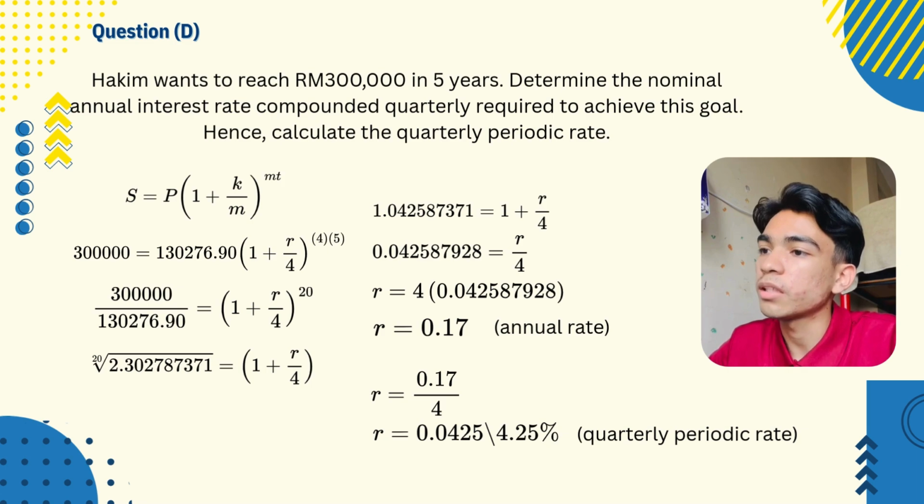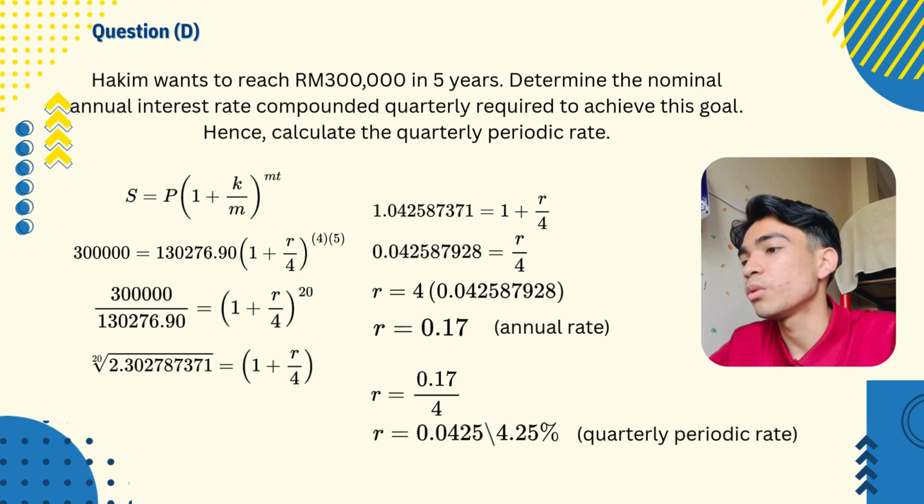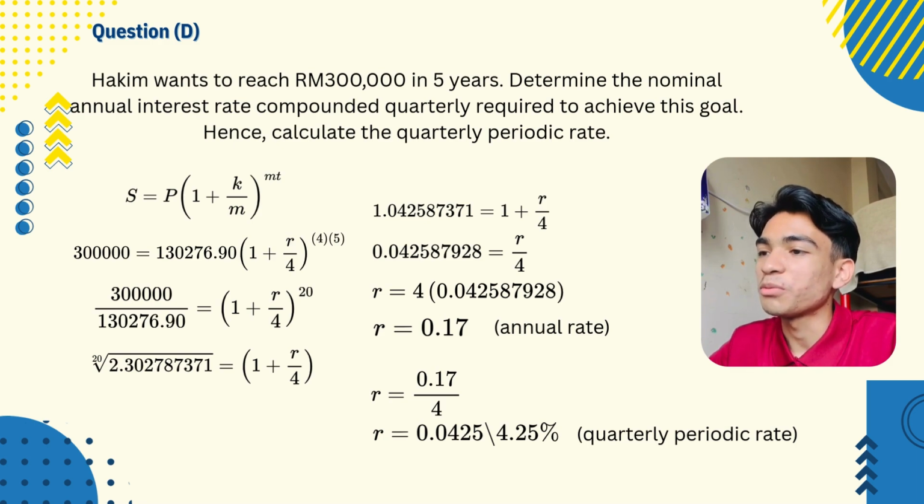But this is the annual rate, so we need to divide by 4, which is r equals 0.17 divided by 4, and then we got the quarterly periodic rate, which is 0.0425, which is 4.25%.